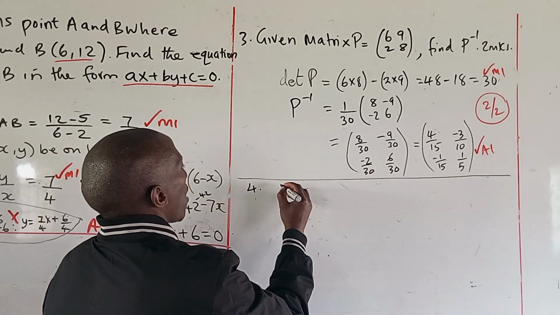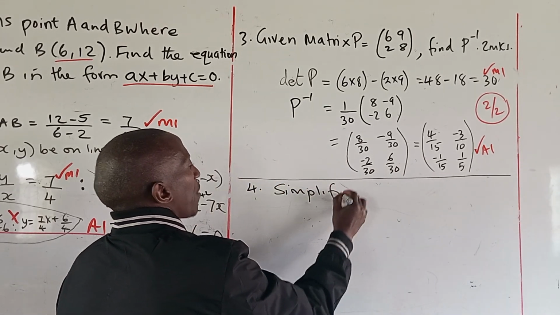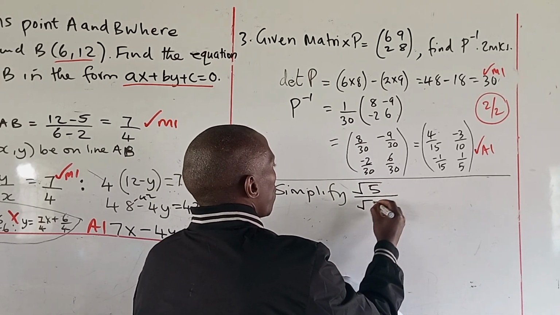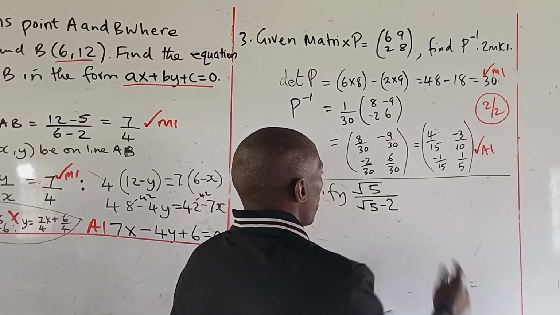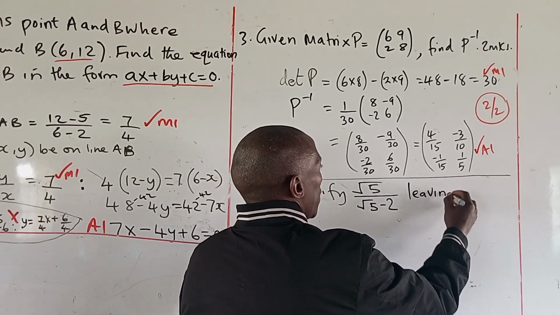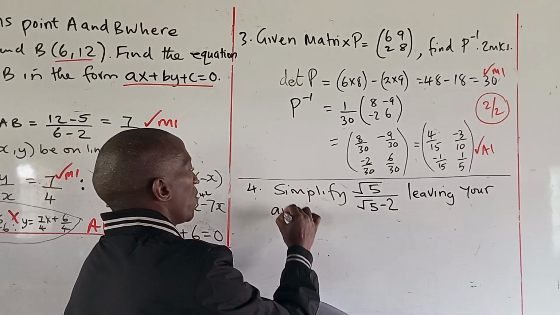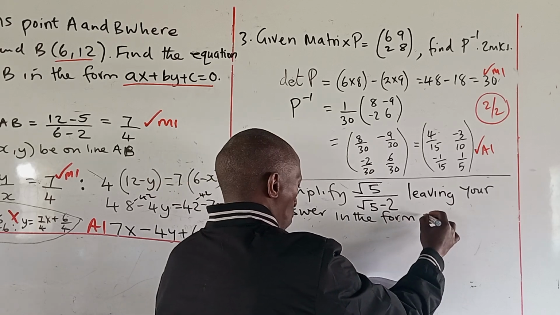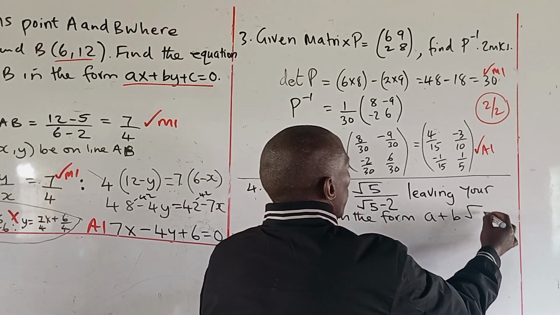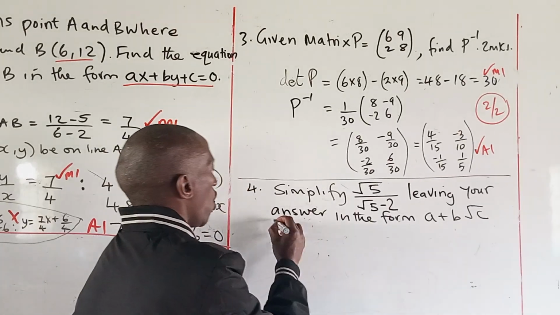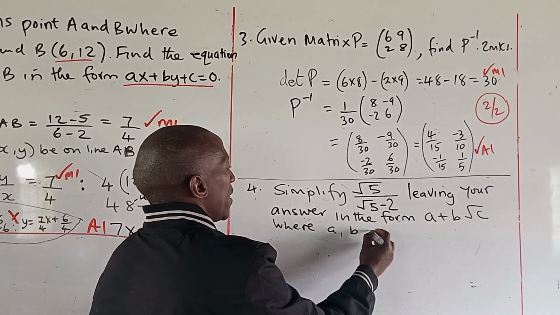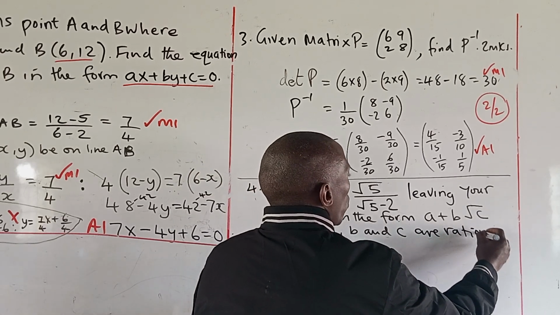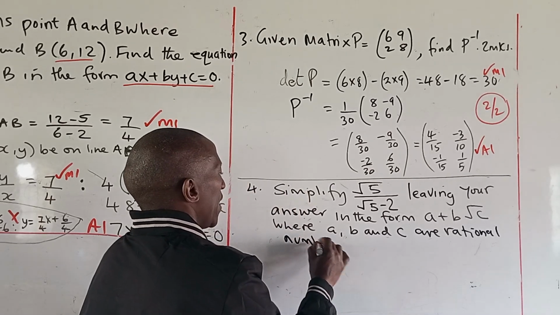So number 4, we have simplify root 5 all over root 5 minus 2, and we are saying leave your answer in the form a plus b root c, where a, b, and c are rational numbers.